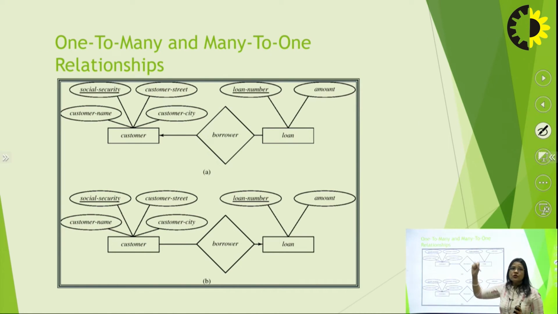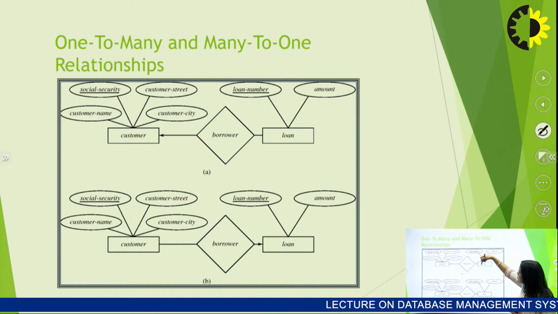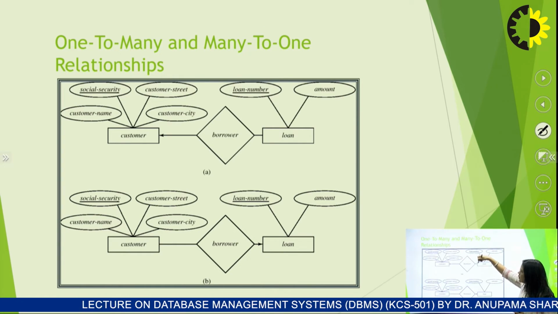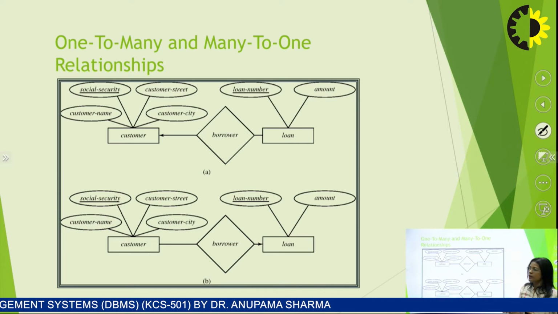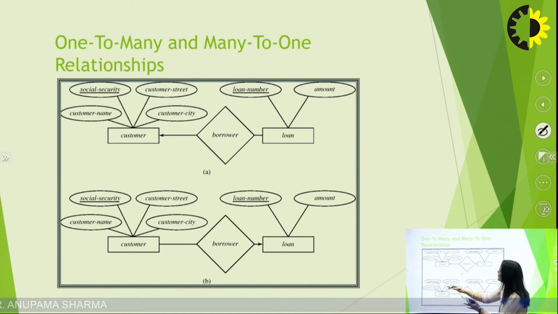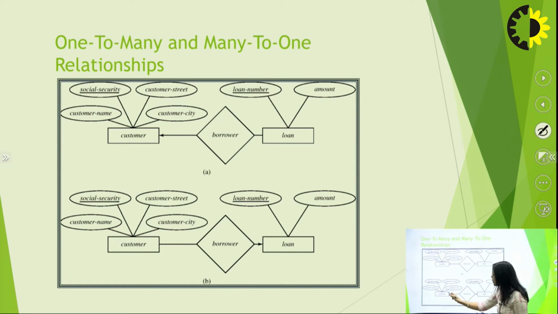Okay. Now, one-to-many or many-to-one relationship, how will we show that? Wherever we want to show one, we'll draw this arrow, and wherever we want to show many, we draw an undirected line, right? And similarly for many-to-one, here we are showing many customers are related with a single loan.